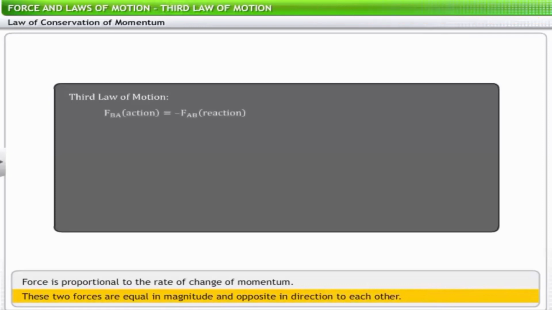Here, FBA is the force of action while FAB is the reactive force or reaction. Since it is a reactive force, it is always indicated with a negative sign.